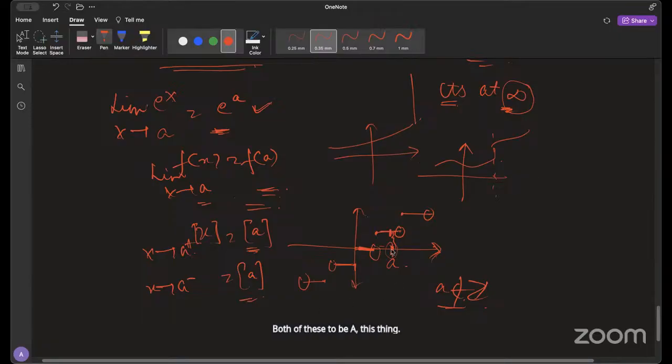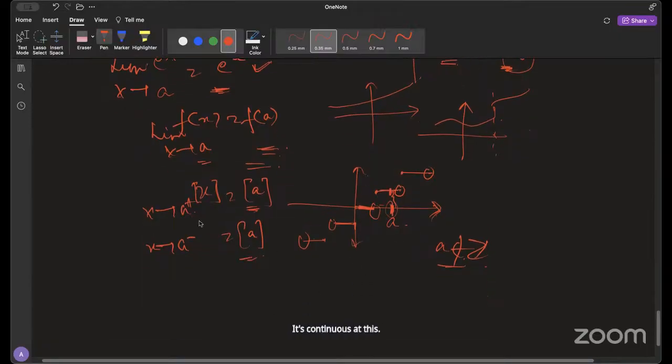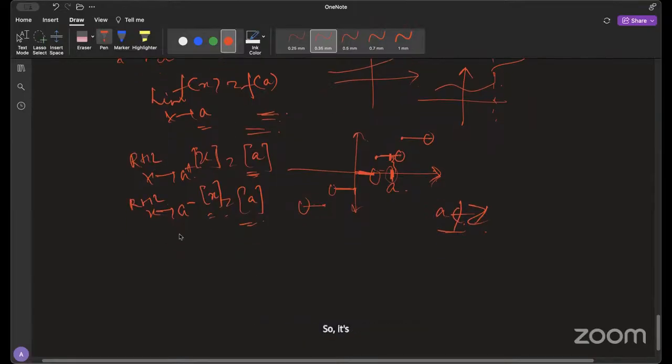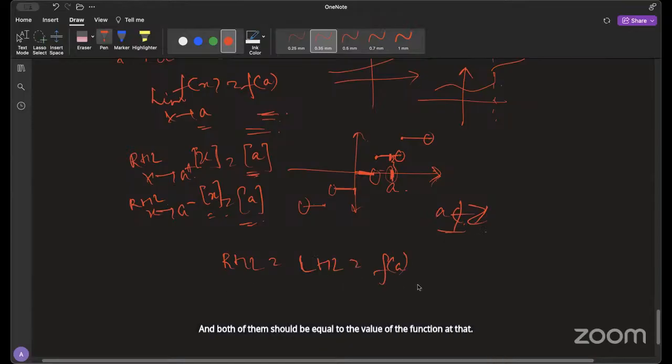So you get both of these to be this thing. It's continuous at this point. Basically, if the right hand limit and left hand limit are the same, then we can say it's a continuous function. Right hand limit and left hand limit should be the same, and both of them should be equal to the value of the function at that point.